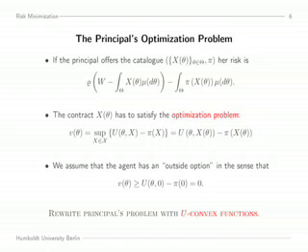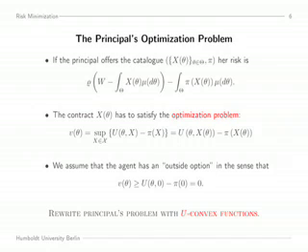So therefore, this catalog has to satisfy their optimization problem. So we get this value function v. And as I said, we make this assumption that they have an outside offer, so they can choose not to do anything, in which case they have a zero net utility, and therefore this function v has to be greater or equal than 0.